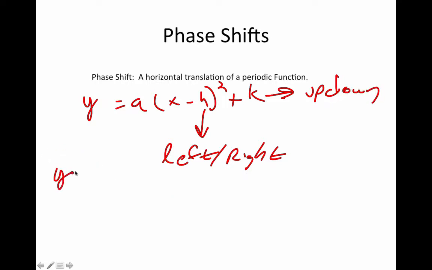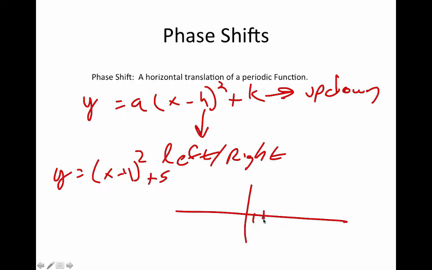So if we had y equals x minus 4 squared plus 5, I know I would be 4 right, 5 up, and then it would look like that. So that's for our parabolas. Then we did the same thing for exponential functions, and we had the h and k.